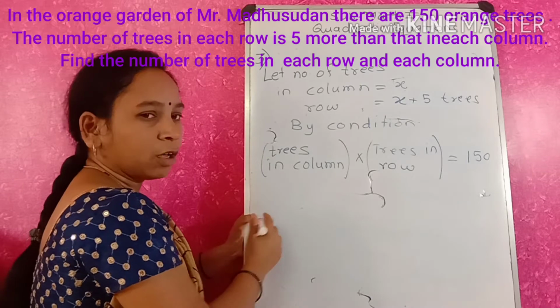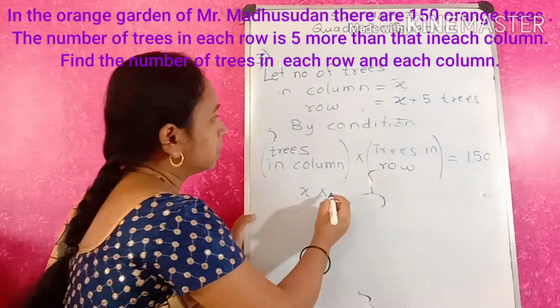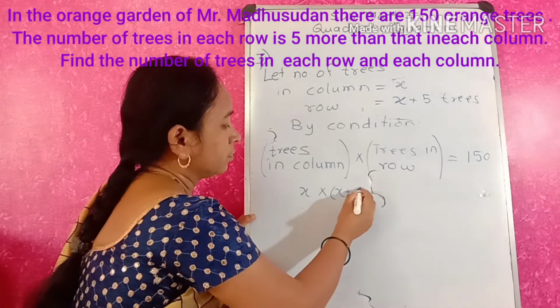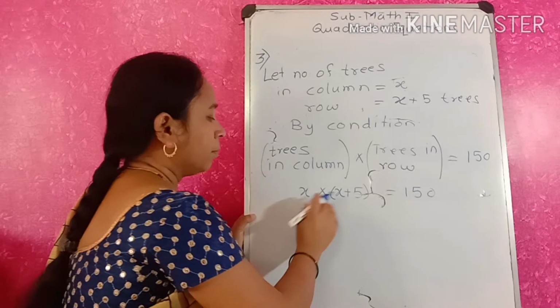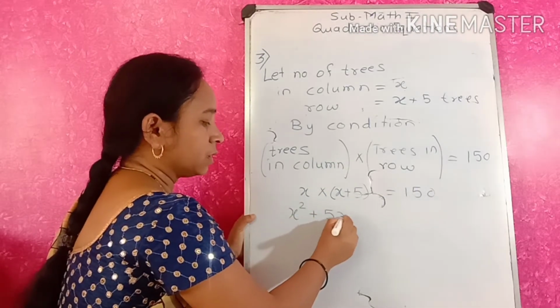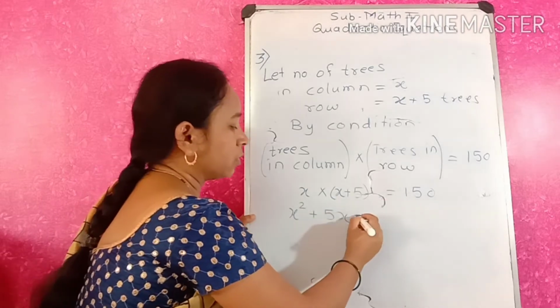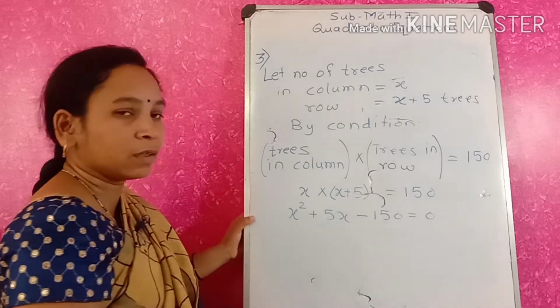Number of trees in column, it is x, multiplied by trees in a row, it is x plus 5, is equal to 150. Multiply, you will get x square plus 5x, 150 transfer it on this side, so minus 150 is equal to 0. So what are the two factors?